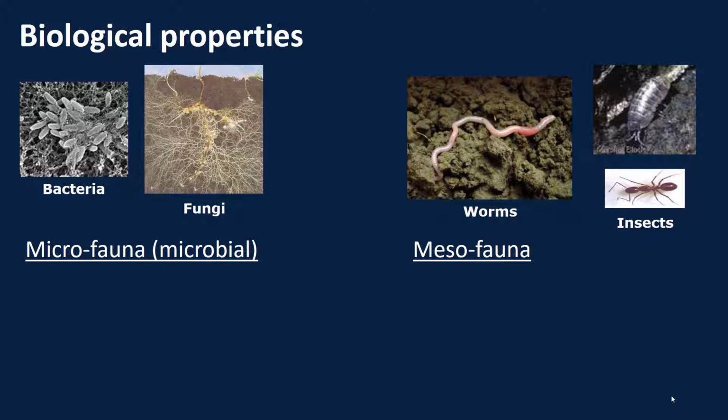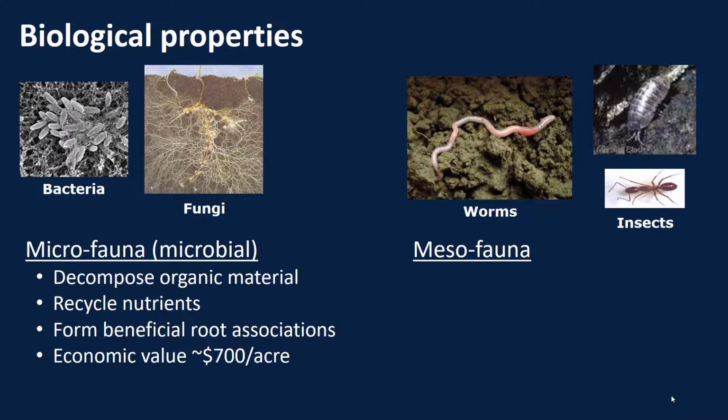If we look at the microfauna and some of their essential functions, first and foremost, these organisms help to decompose organic material in the soil. They also help to recycle nutrients, and they form beneficial root associations. Here in this picture of a fungus, we have a plant root in this area, and two other plant roots coming down here and here. We can see an extension of the plant roots, all these little offshoots.